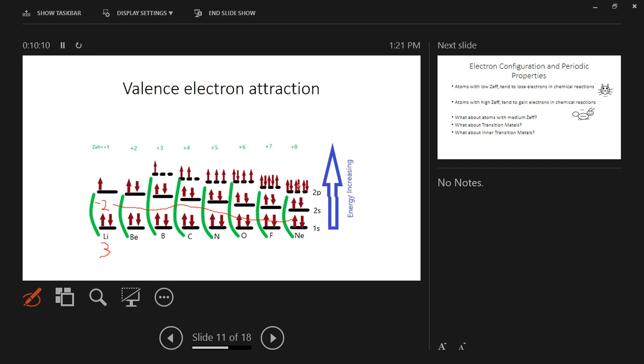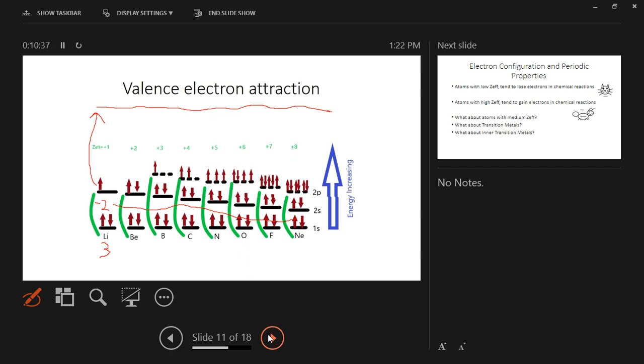The amount of energy required to raise them up to this standard ionization level, right? Let's just say that's your ionization level. You have to raise this electron less than you have to raise these electrons. So the ionization energy changes as you go to the right because of this effective nuclear charge idea.